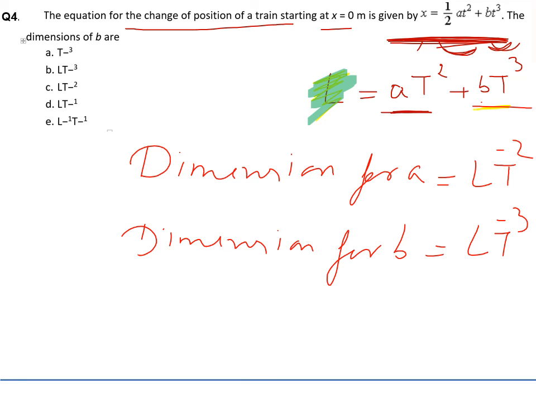So B, you equate this thing to this, so you will get B equals LT raised to the power negative 3. And when you equate this thing to this, your A will be LT⁻². So this is how we find the dimensions for different quantities in this.